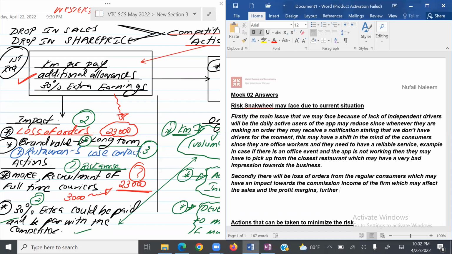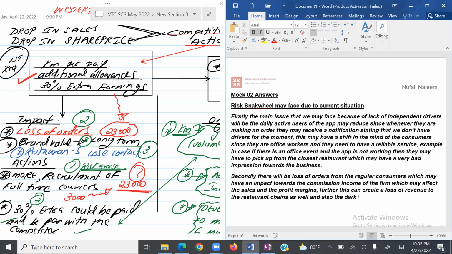Further, this can create a loss of revenue to the restaurant chains as well. And also the dark kitchen facilities may be underutilized.